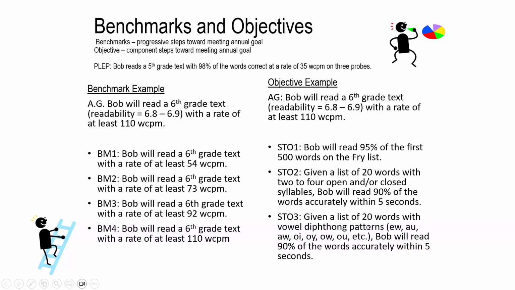He should also be able to read words with diphthong patterns because he's probably going to see those in sixth grade text. So here we're sort of thinking about what might be the specific challenges that Bob faces to be able to achieve the goal, and then we're going to work on that. Here we're just saying we're going to slowly achieve the goal, sort of quarter by quarter across the school year.